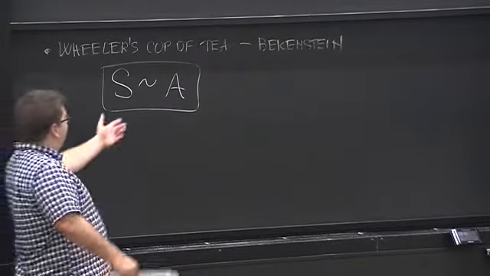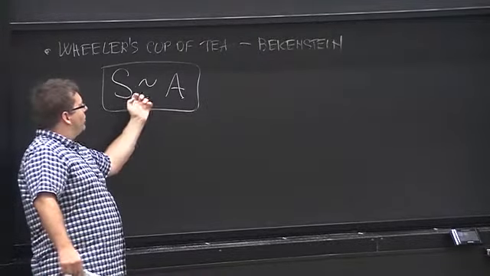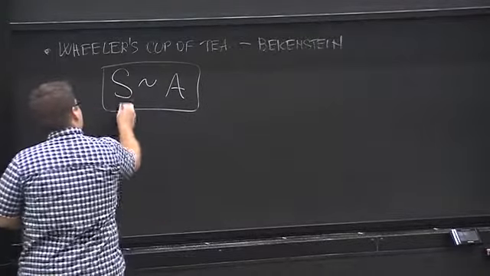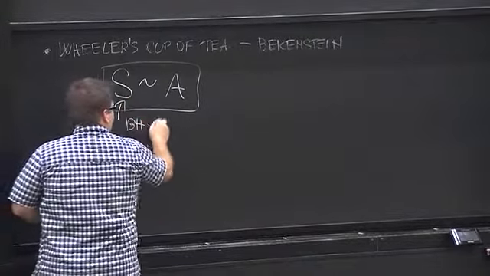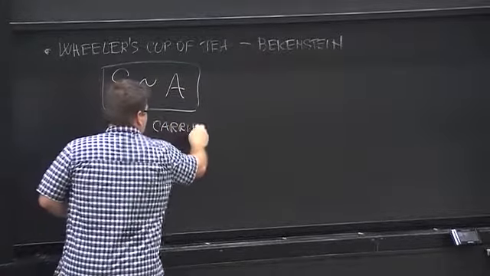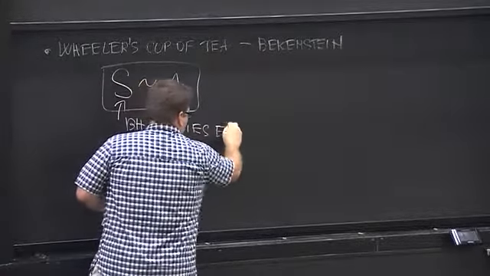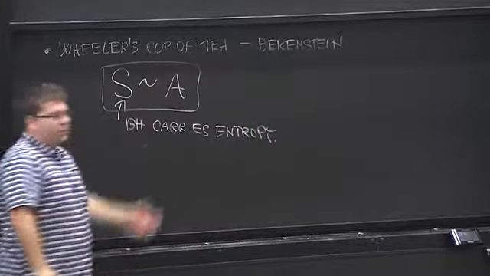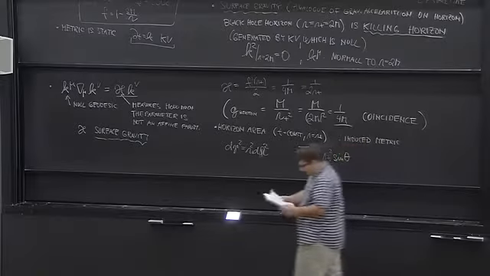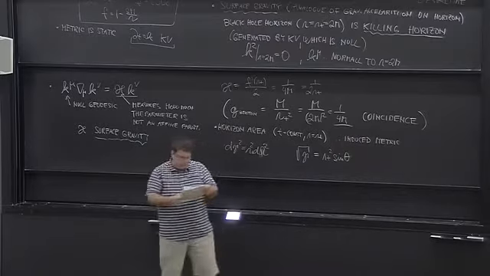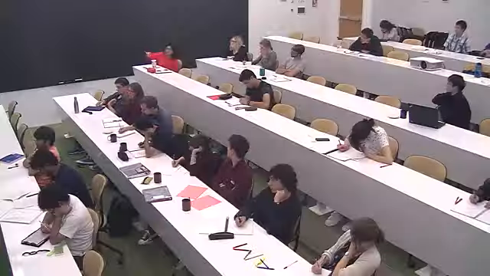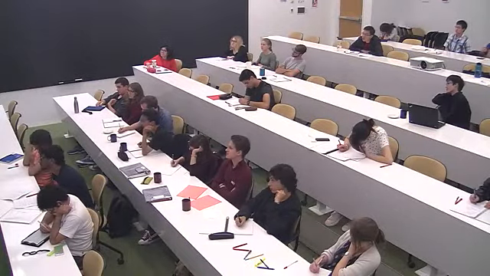He didn't know what the proportionality constant is, but he concluded that necessarily the black hole carries entropy, and this entropy is proportional to its area.